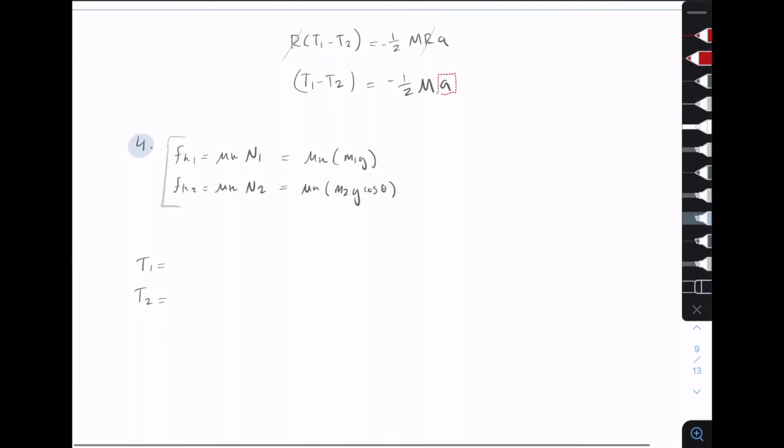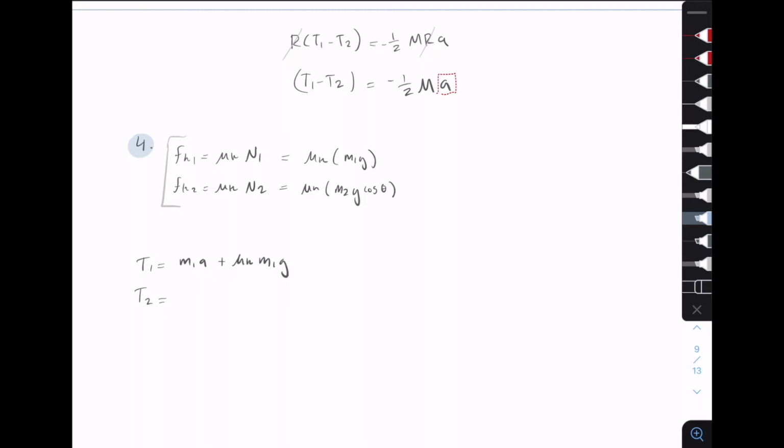So we have T1 equal to m1a plus mu k m1g.